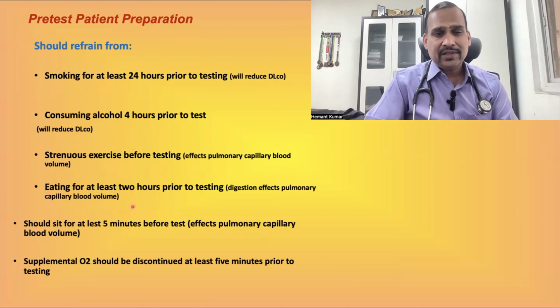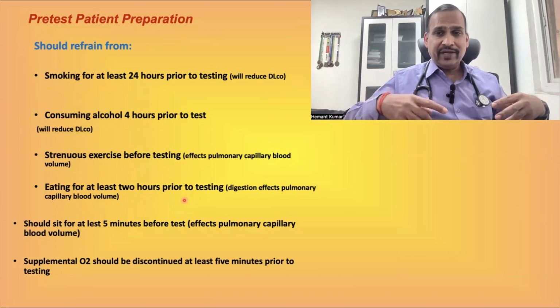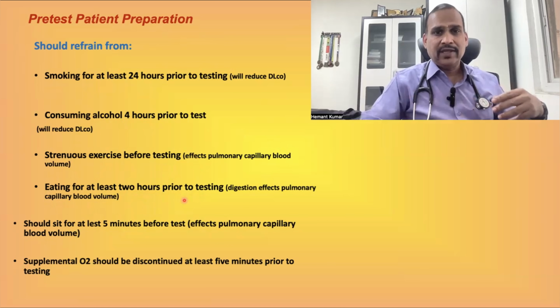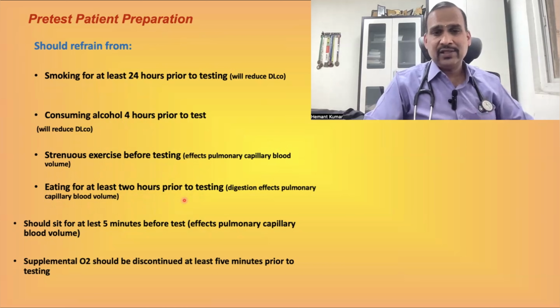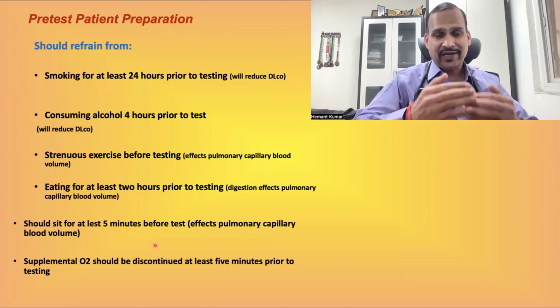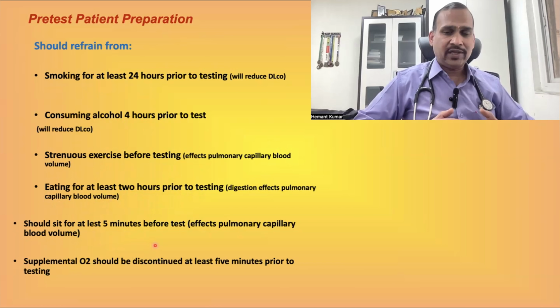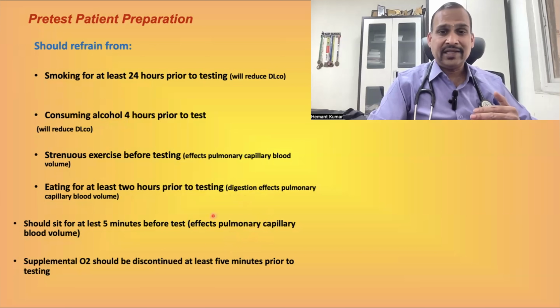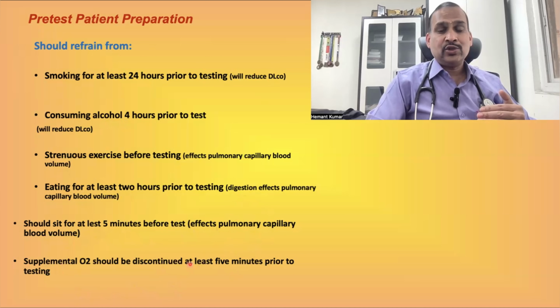The patient should not take a meal prior to testing, because once the patient takes a meal, blood will divert from the pulmonary capillaries to the GIT, so it will falsely reduce DLCO. The patient should sit at least 5 minutes to relax, because if the patient does not relax, it will increase pulmonary capillary blood volume and increase diffusion capacity. And supplemental oxygen should be discontinued at least 5 minutes prior to testing.